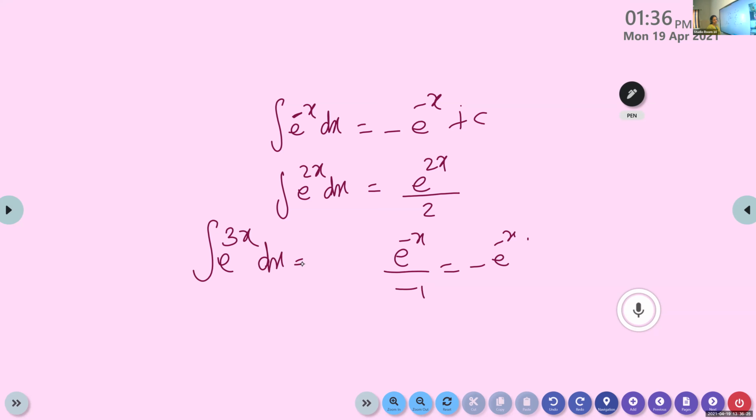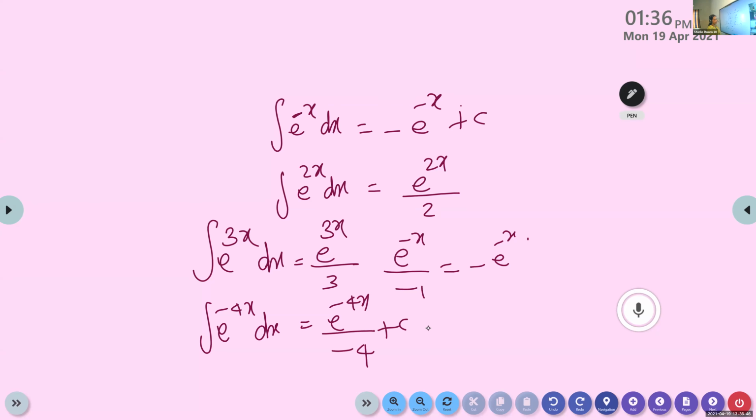Yes, Aparna. E raised to 3x by 3. Integral of e raised to minus 4x is e raised to minus 4x by minus 4 plus c.